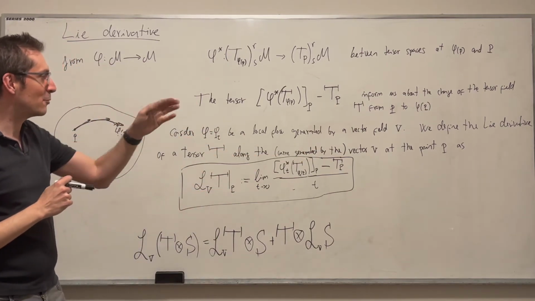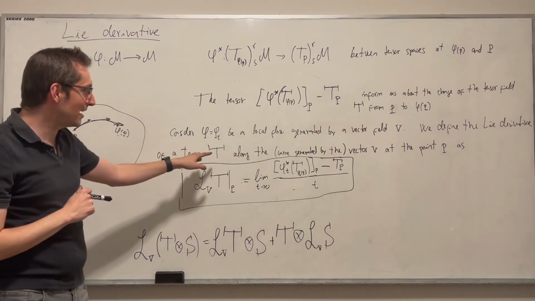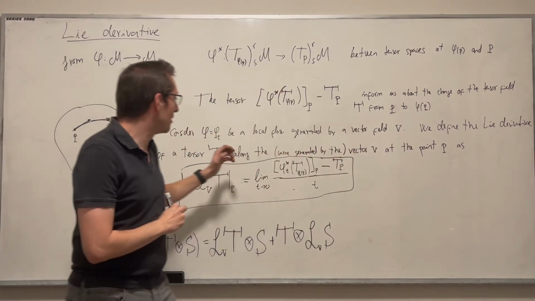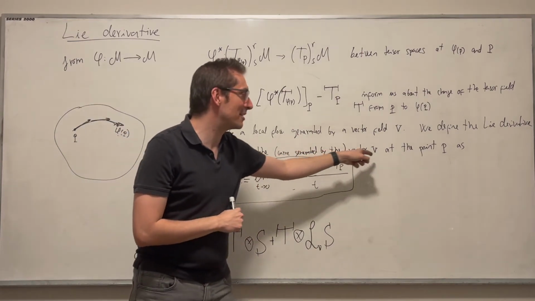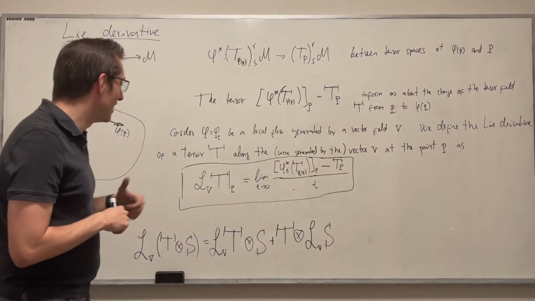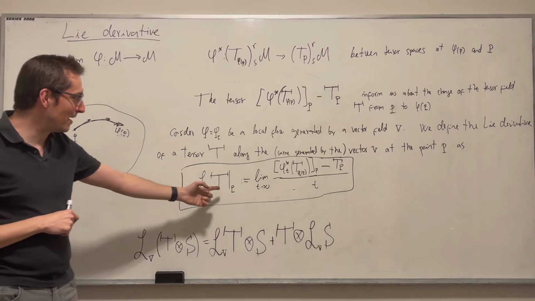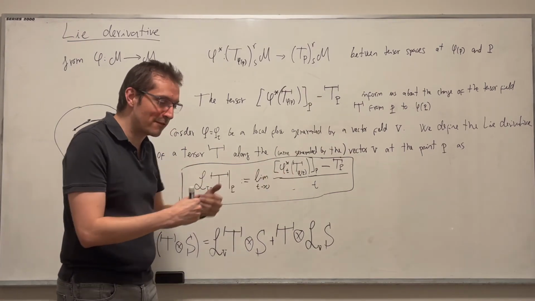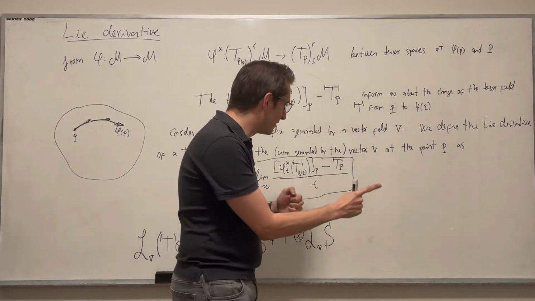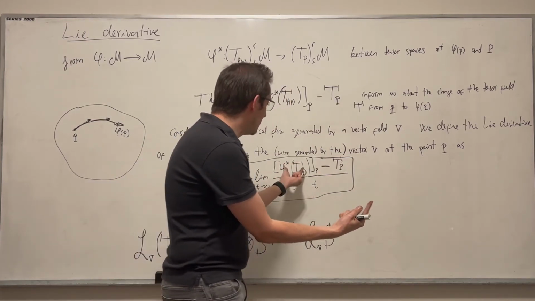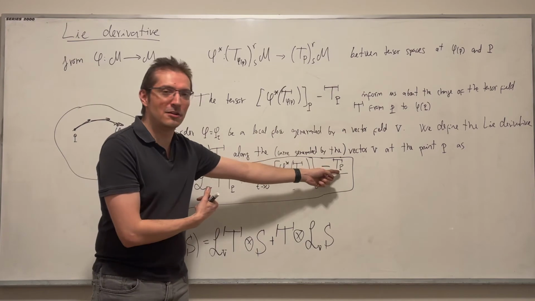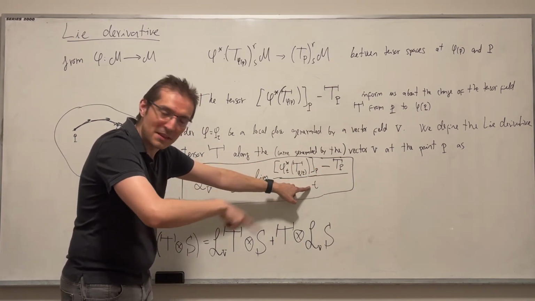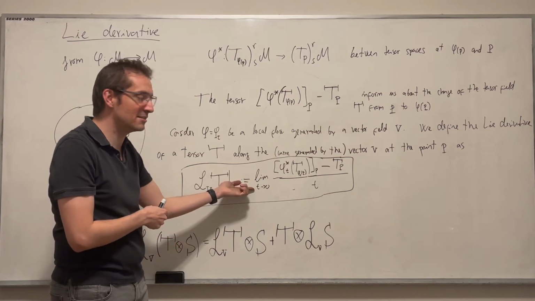Okay, then we define the Lie derivative of a tensor T along the vector V at the point P, that is, along the curve generated by the vector V at the point P, as follows. Take the tensor at a point that is t steps away from P, then pull it back to the point P and subtract the value of the tensor at P. Then divide by the distance that you walked, and then take the limit of that distance going to 0.